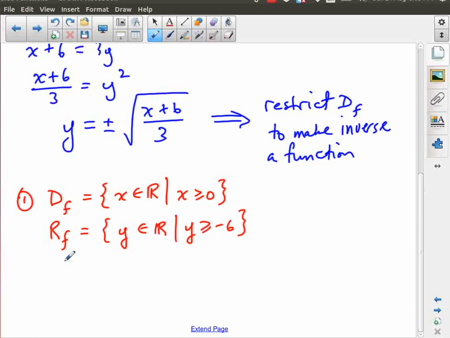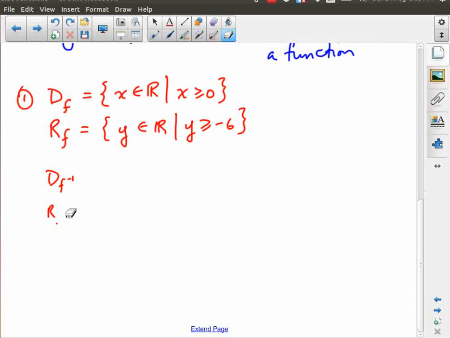Now, if that's the case, how do I find my domain of f inverse, or my range of f inverse? If you recall the definitions of inverses, it just means you swap the x and the y. So the domain of f inverse is actually going to come directly from the range of f.